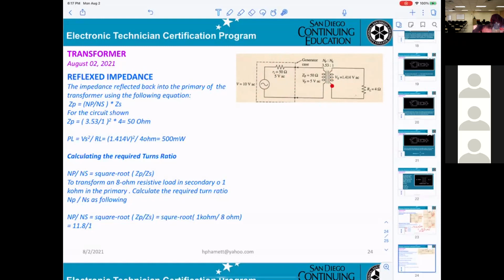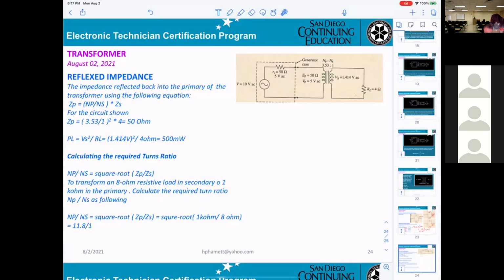What is the ratio for this transformer? Can you tell me? 3.53 to 1, that's a step down. And they connect to the load of 4 ohm.